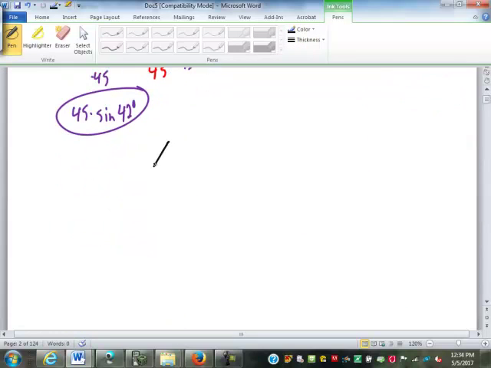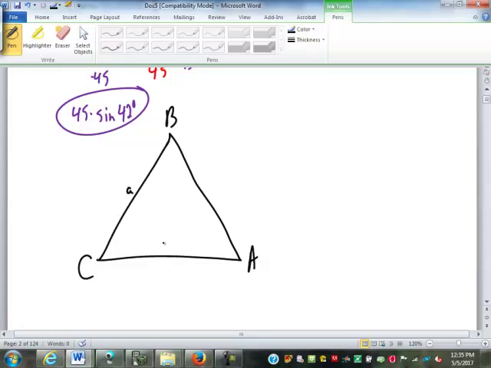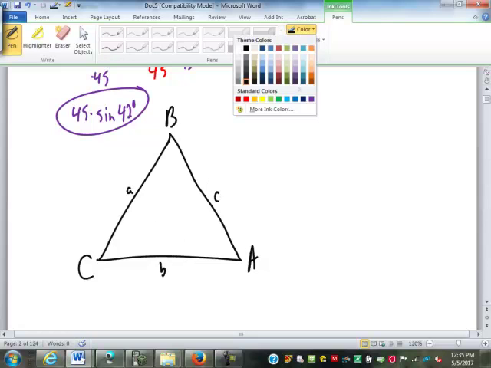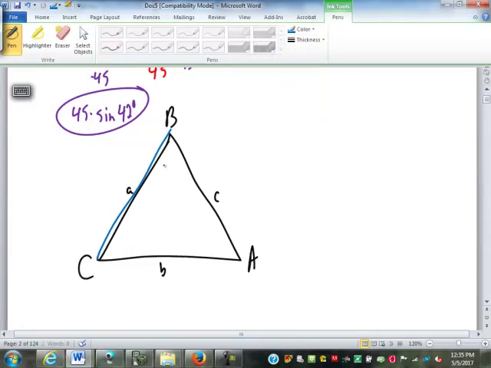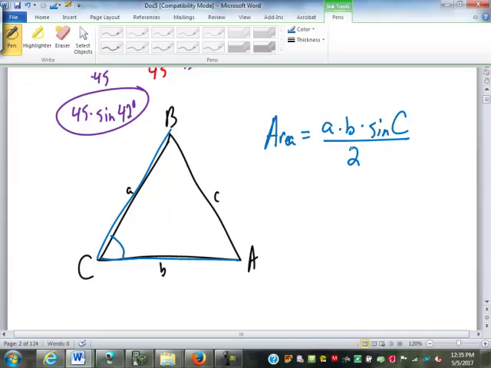If I have a triangle that looks like this, where I'm going to label A, B, C, so little a, little b, little c, where I am given sides A and B and angle C, so it's the same information we'd be given for a law of sines type problem, the area of that triangle is going to be side A times side B times the sine of angle C over 2. Make sense? Yes, no?